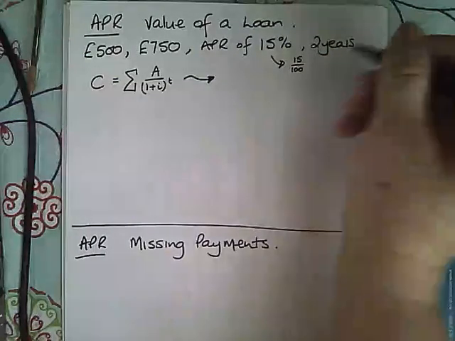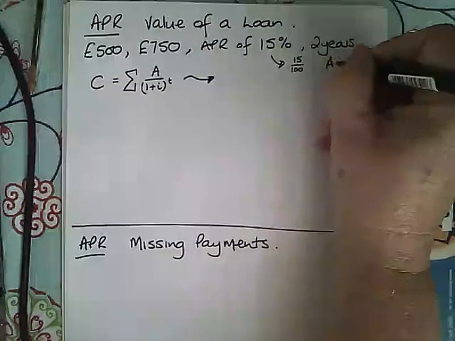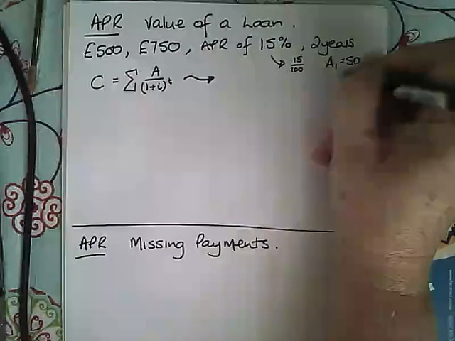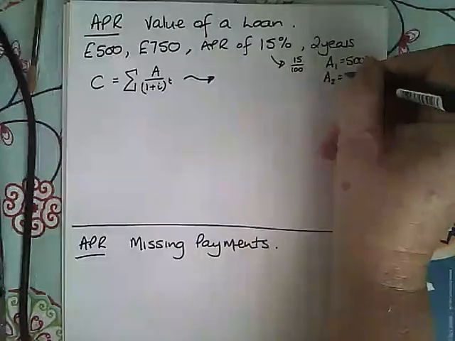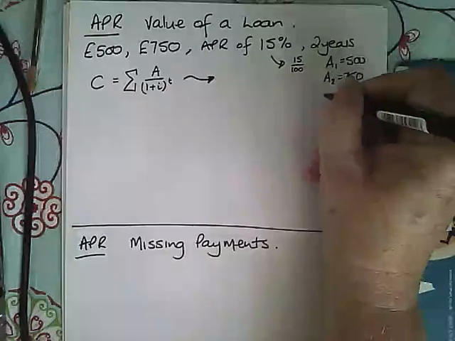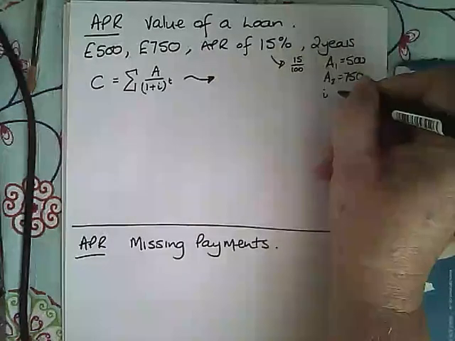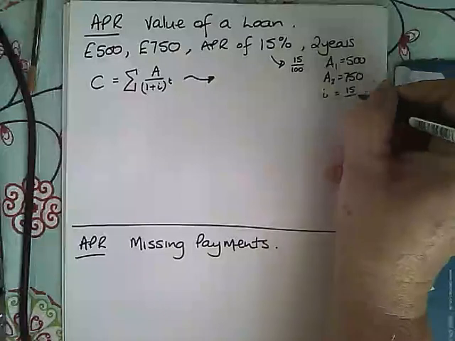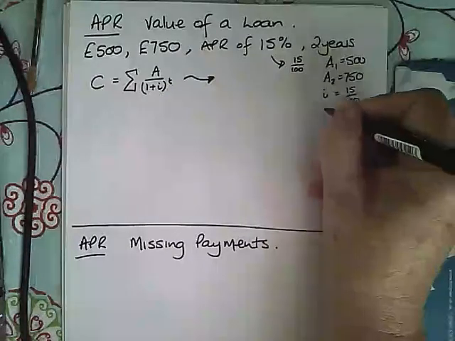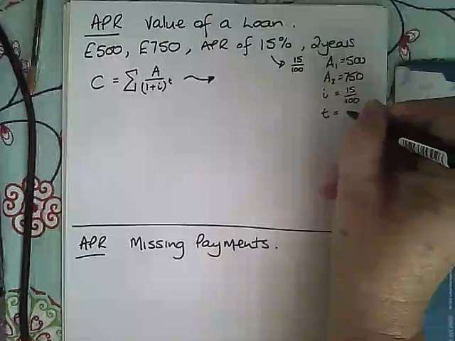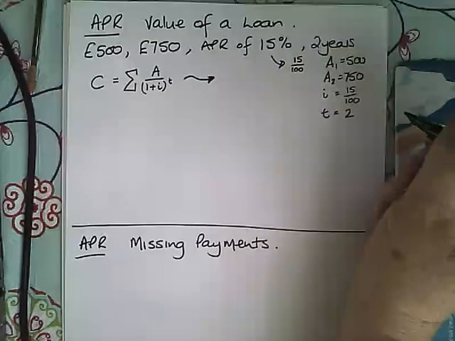and we are going to write down our values of A1, which is 500, A2, which is 750, our interest rate is 15 over 100, that's our APR, and our T is going to go up to 2 because it's over 2 years.